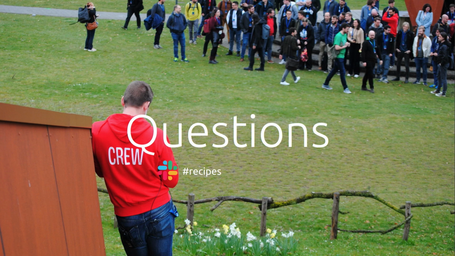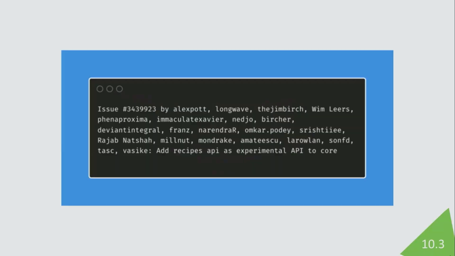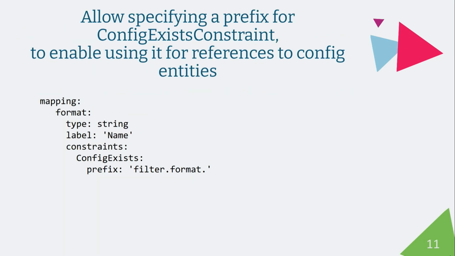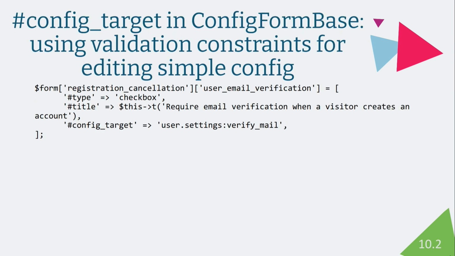No, so if you have a config schema that defines, let me go and find it. Here, yeah. The only thing that you need is your config target, and there's some code in core in the form API handling that will look at this. It will find the schema file for user.settings. It will find the verify email property in user.settings.